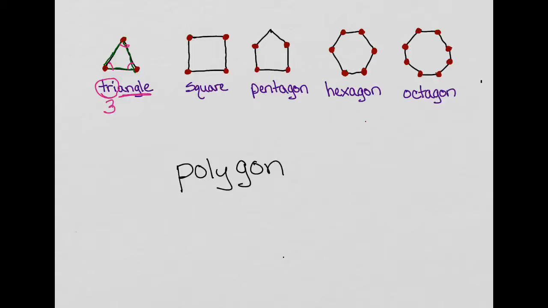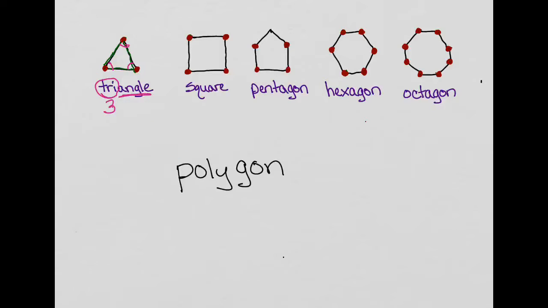Just like there are tripods. That's a camera holder that has 3 legs. There's also a tricycle, and everybody knows what that is. That's a bike that has 3 wheels. Tri means 3.